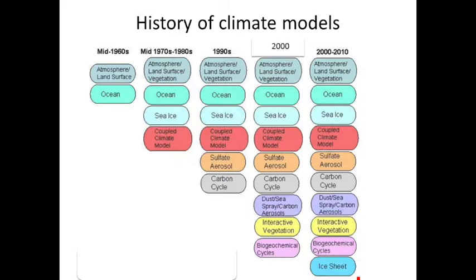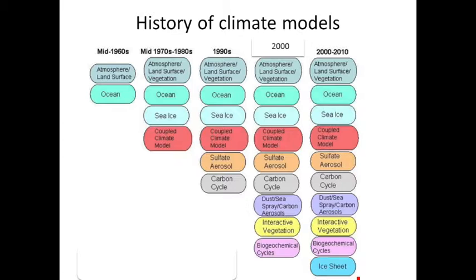We see that in the beginning of the modeling, we had only the atmospheric model and the ocean model. And the climate was represented by these two models only.